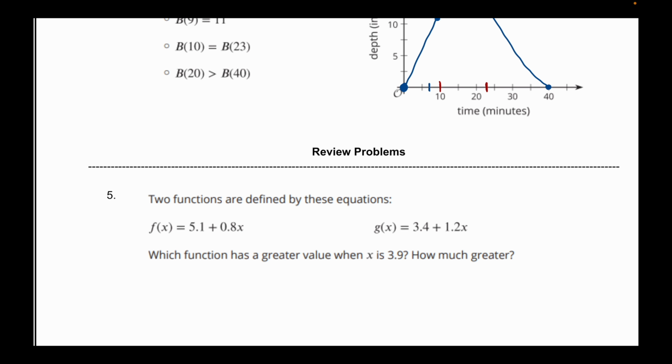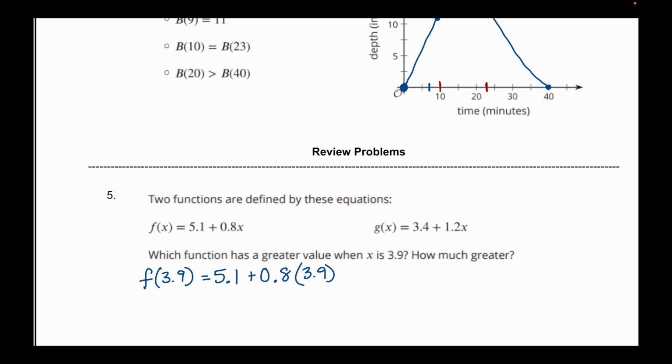So f of x is 5.1 plus 0.8x. Well, we want to know the function value at 3.9. And writing this function, I write the 3.9 inside. That helps me remember that when I plug something into x, I am actually putting that in parentheses. So I'm going to use 5.1 plus 0.8 and in my parentheses 3.9.